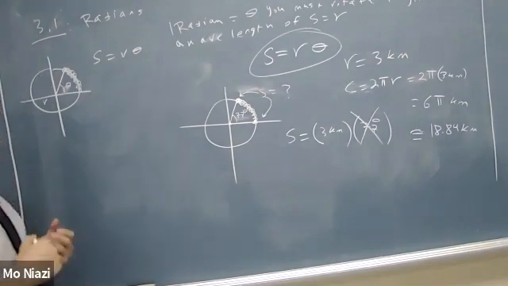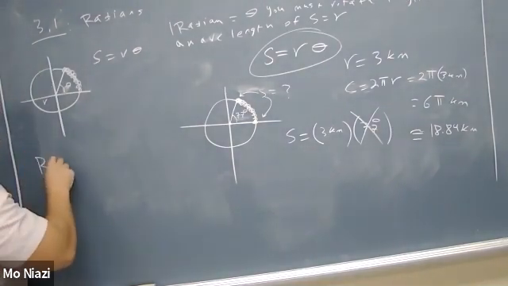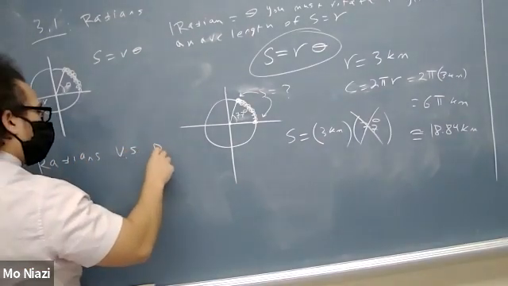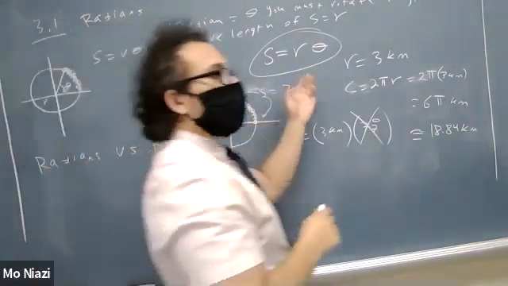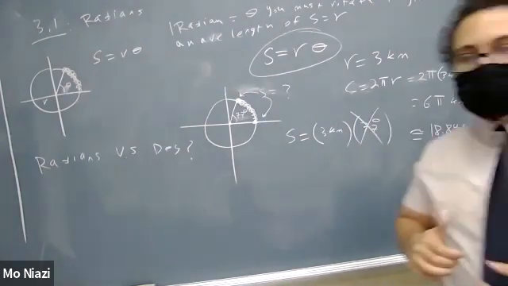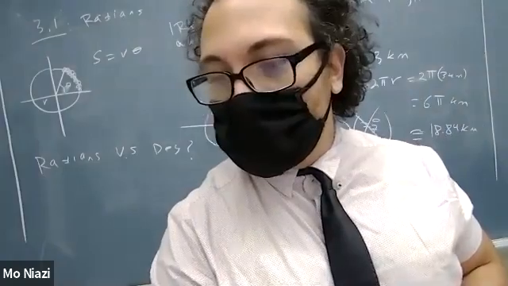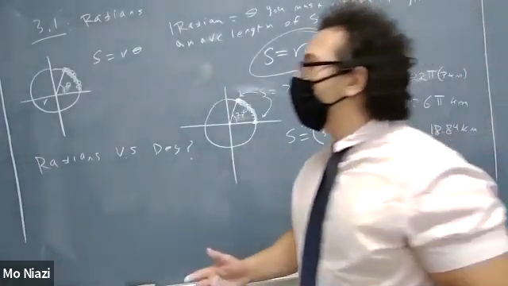So what is the relationship between radians and degrees? This equation only works for radians, but we can convert from radians to degrees and from degrees to radians, just like how we can convert from miles to kilometers and from kilometers to miles and from miles to anything of another unit of measurement, feet.